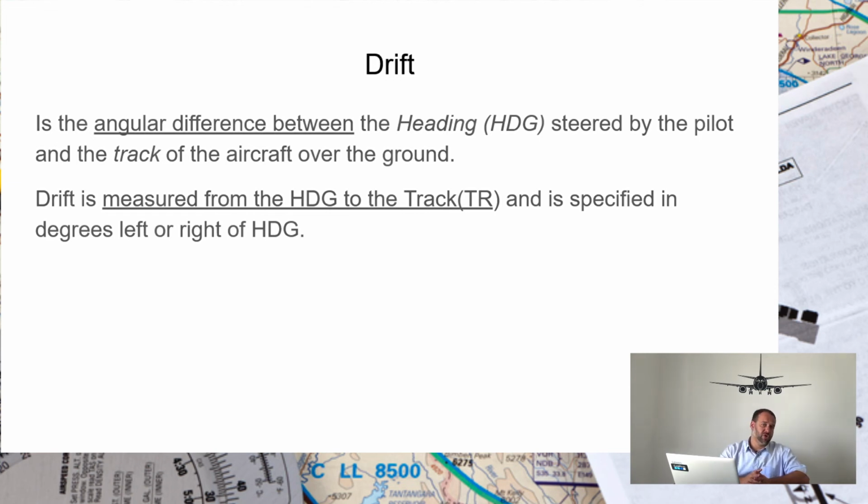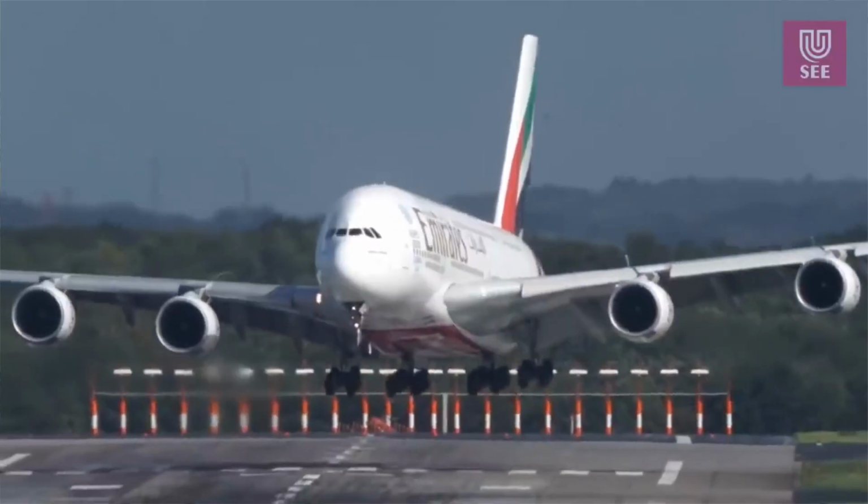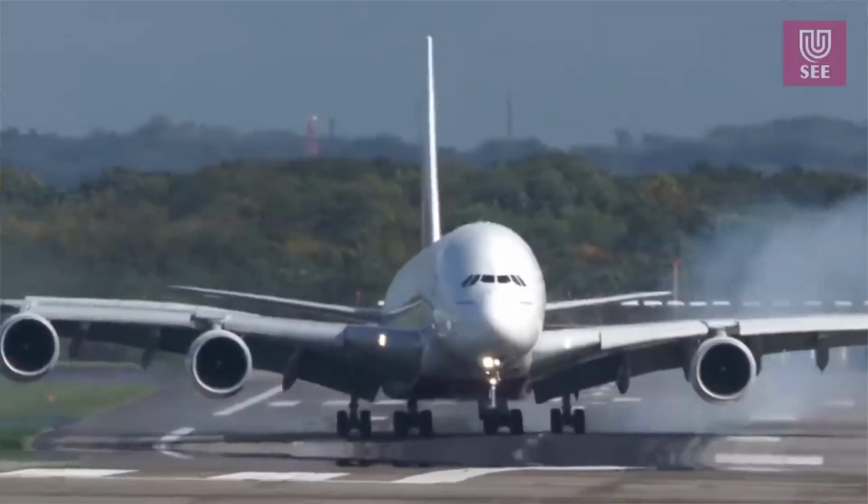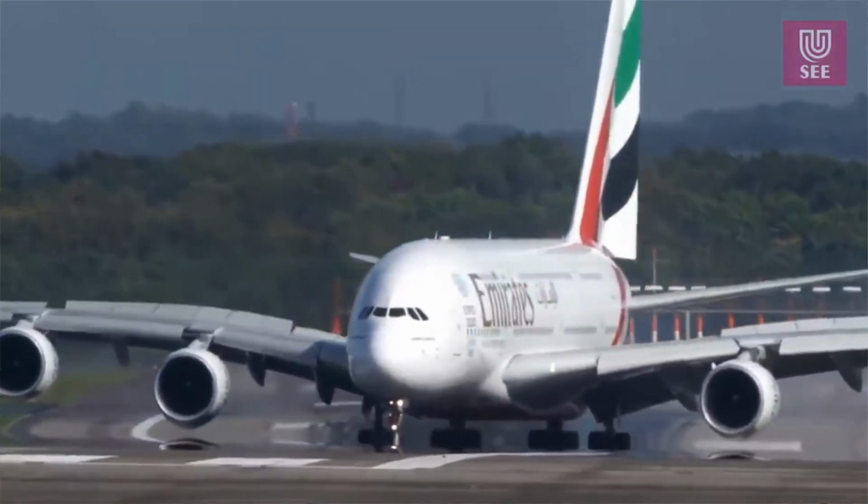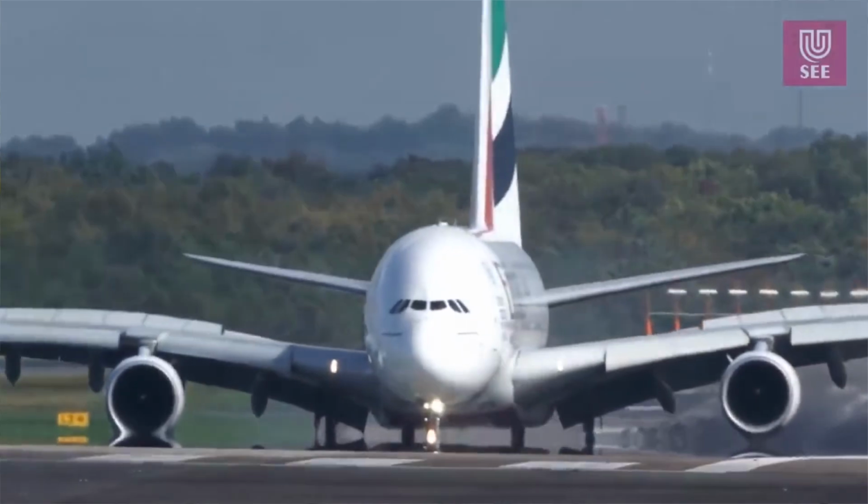If you have an ICAO test, say for example you're going for your approach path and you're being blown off by the wind, what do you say? You're drifting off the runway. All right, let's keep going.